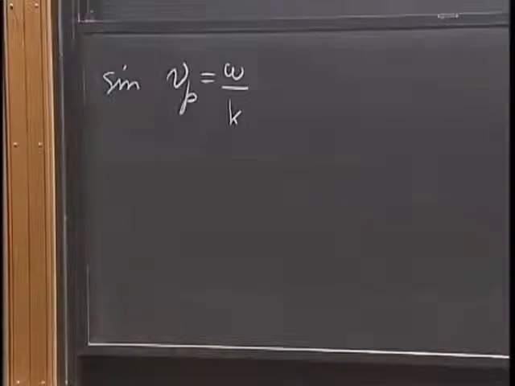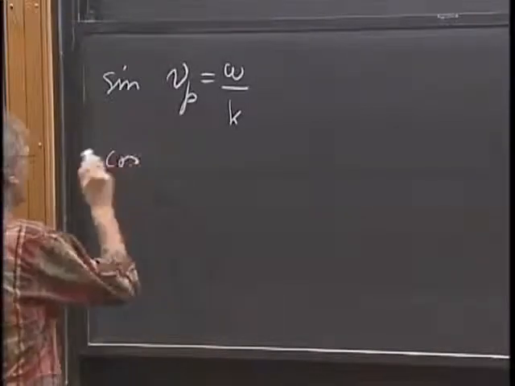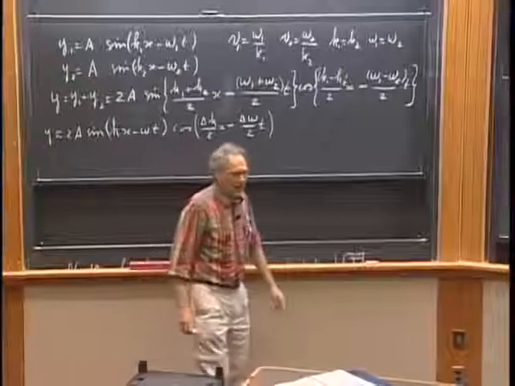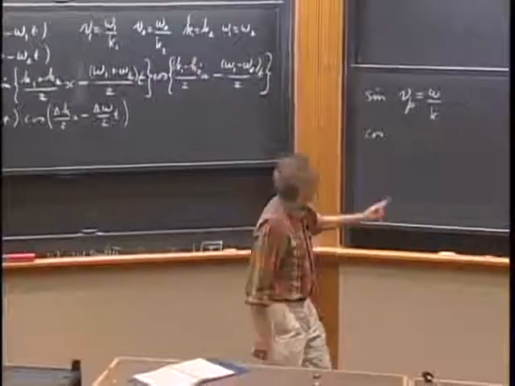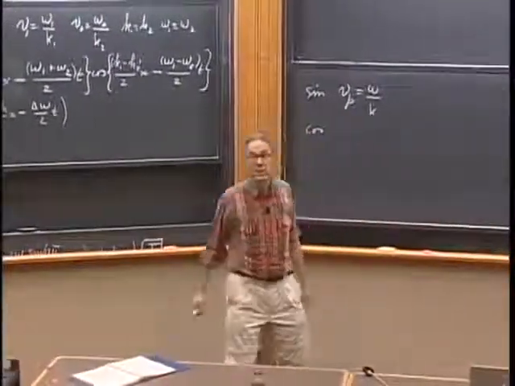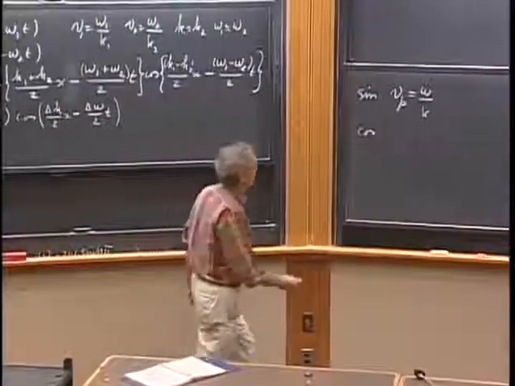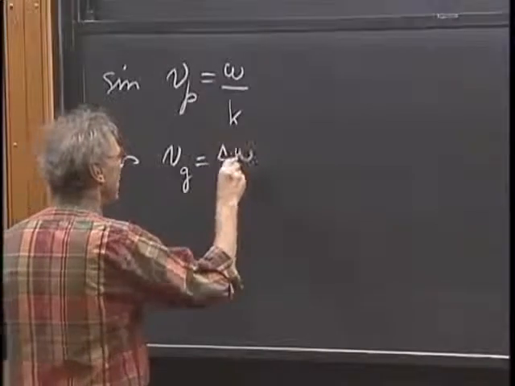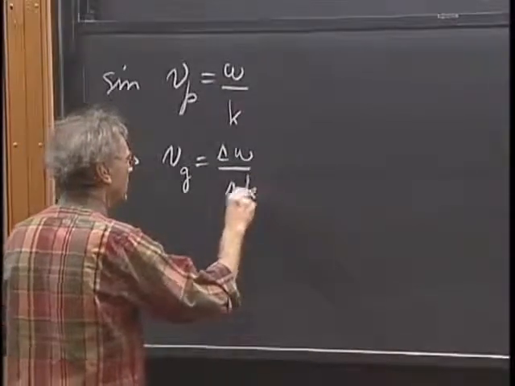But the cosine term has a very different velocity. It has a velocity delta omega divided by delta k. And that is the same as omega divided by k if the waves travel with the same speed. So that v, which we call the group velocity, is delta omega divided by delta k.